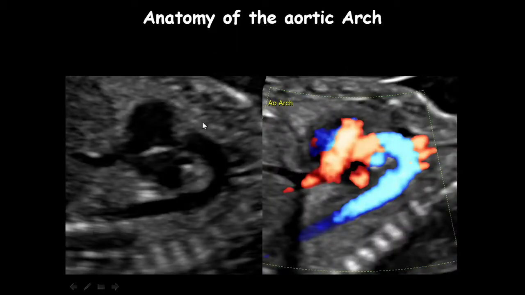So in correlation with the anatomical view that we just saw on the previous slide, this is the ultrasound appearance of the long axis of the aorta, where again we start from the valve, then the ascending region, then the arch, the head and neck vessels, then the isthmus and the descending aorta.